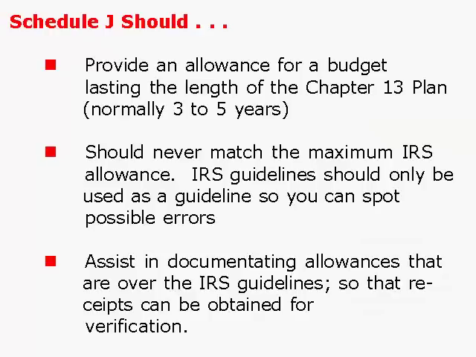Here are 3 things to keep in mind when doing Schedule J. Schedule J should always provide an allowance for a budget lasting the length of the Chapter 13 plan, which is normally 3 to 5 years. In other words, you don't want on Schedule J to have the figures for just this month.